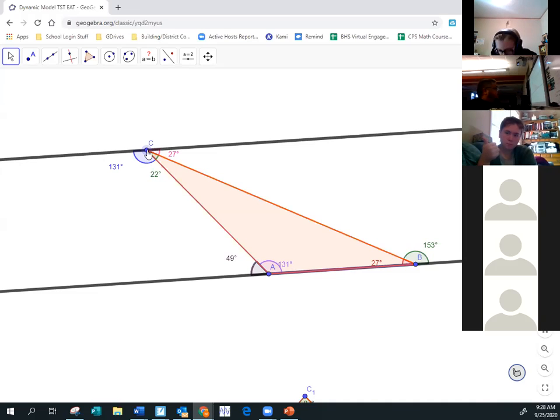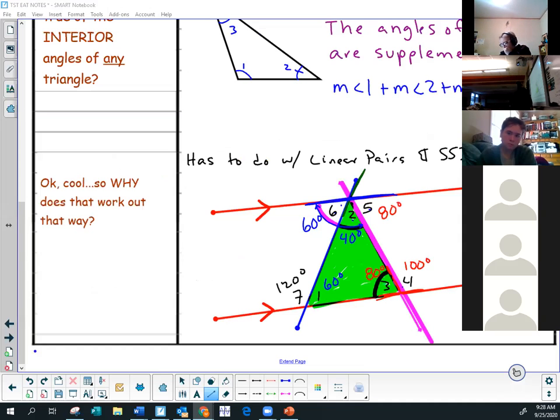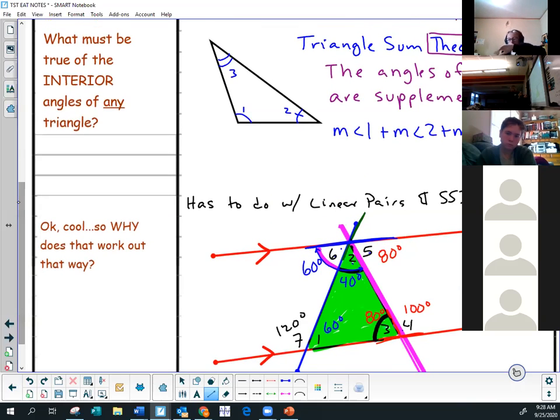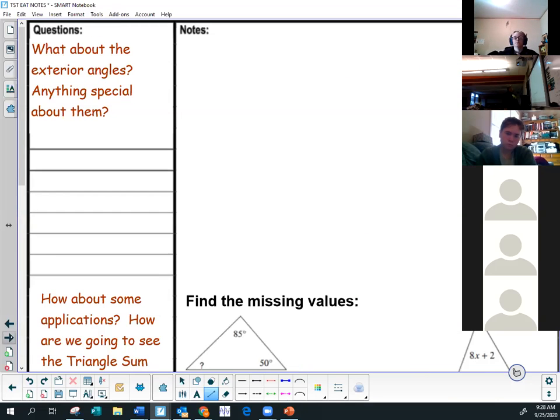Okay. So, having said that, now that we have a theorem that relates the interior angles of a triangle, we have some idea why that's going to work. So let's examine another relationship, this time about exterior angles. Thanks to our work this morning, we know where the exterior angle of a triangle is.